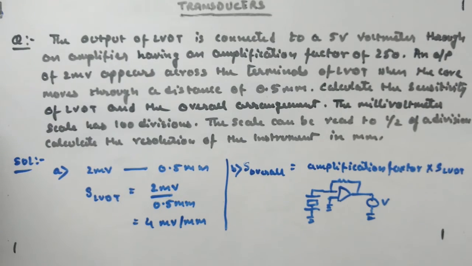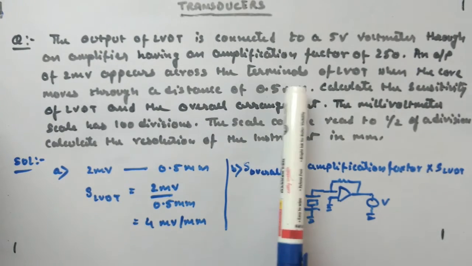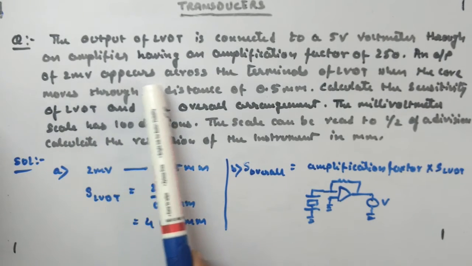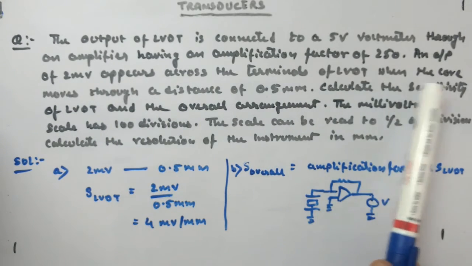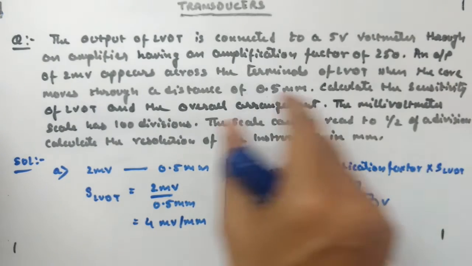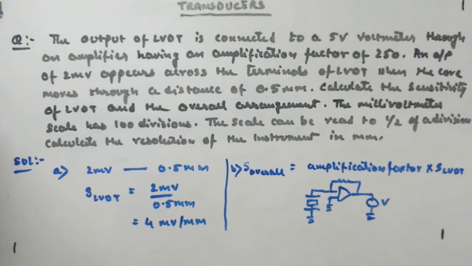Okay, let's look at the solution. By this line you should understand that an output of 2 millivolt appears across the terminals of the LVDT when the core moves through a distance of 0.5 mm. From here you can calculate the sensitivity of the LVDT, since for 0.5 mm displacement you have 2 millivolt at the output.